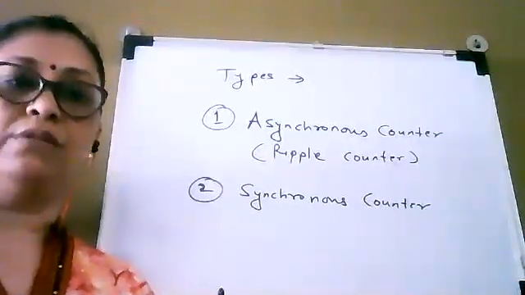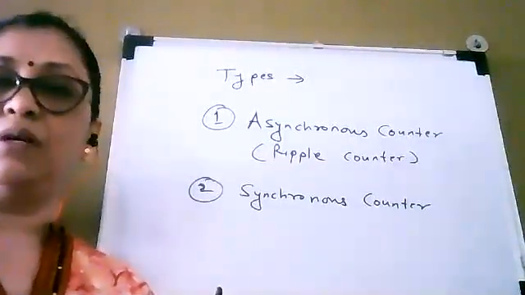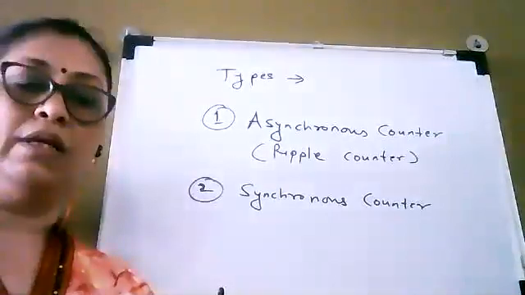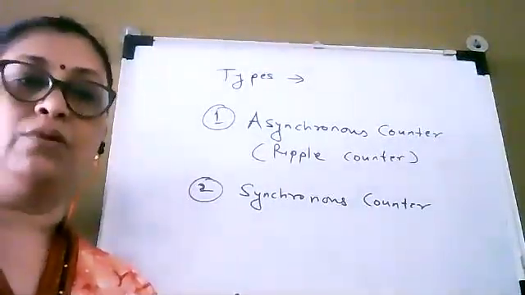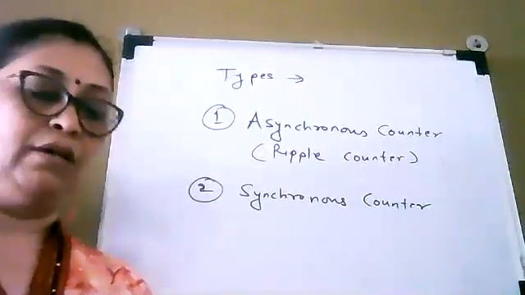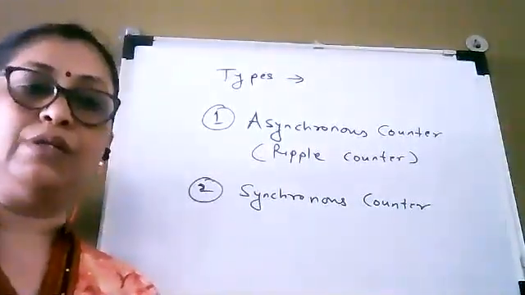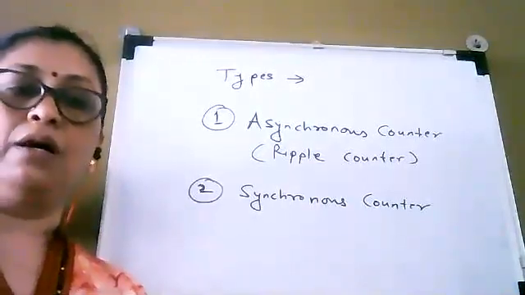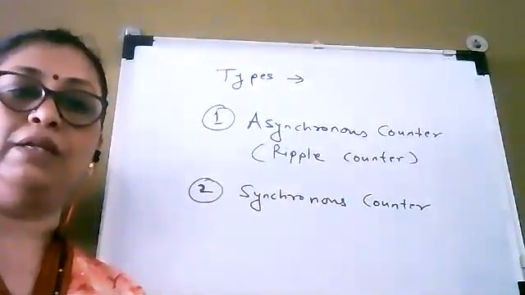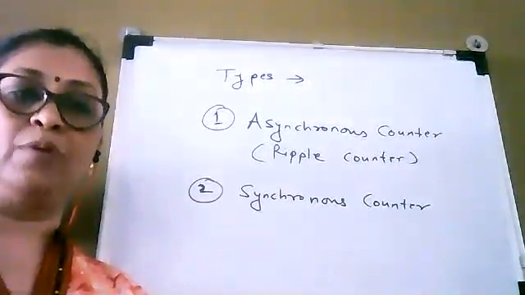Okay, so this is the basic difference between the asynchronous counter and synchronous counter. In asynchronous counter, the clock signal is applied to the single flip-flop. In case of synchronous counter, clock signal is applied simultaneously to all flip-flops.